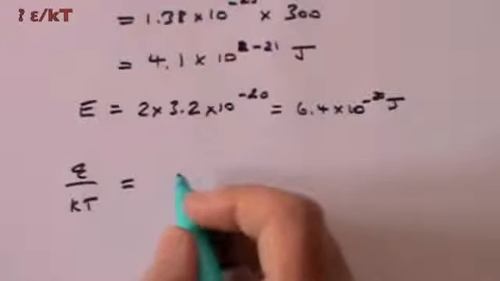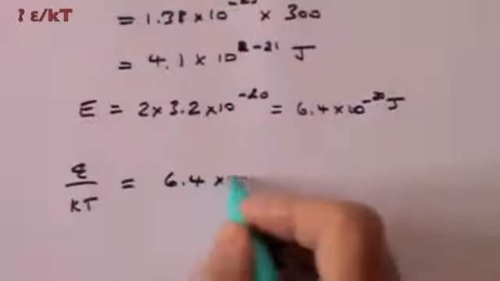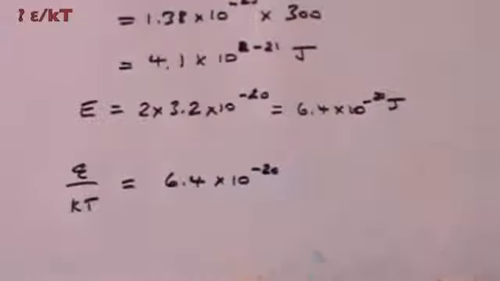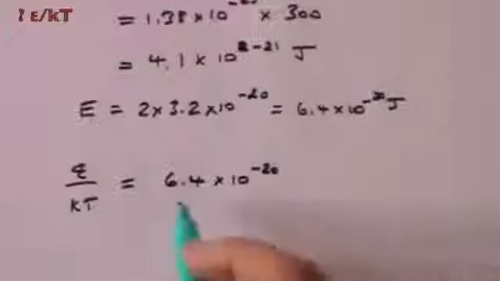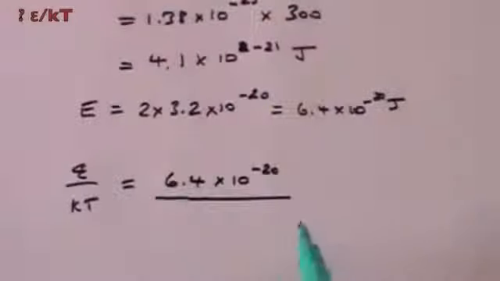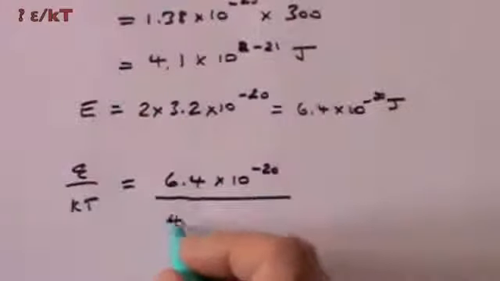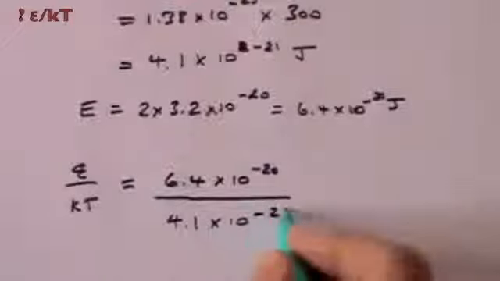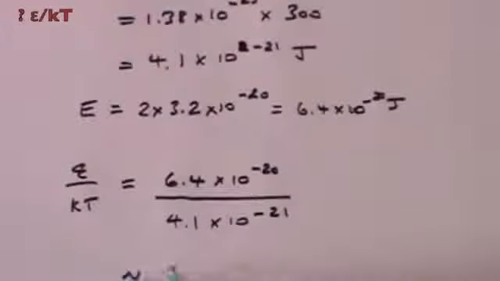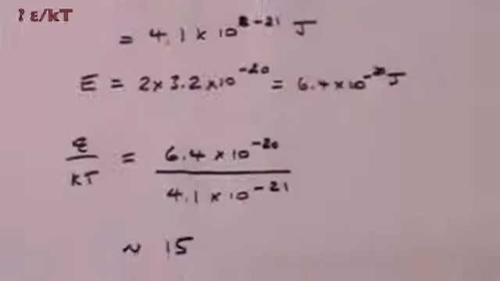That's now 6.4 times 10 to the minus 20, because we were given that the energy to break one bond is 3.2 times 10 to the minus 20, but we've got to break 2 bonds, so we need an activation energy of 6.4. Divide that by kT. Well, we calculated kT up here. That's 4.1 times 10 to the minus 21. And that comes out to approximately 15.